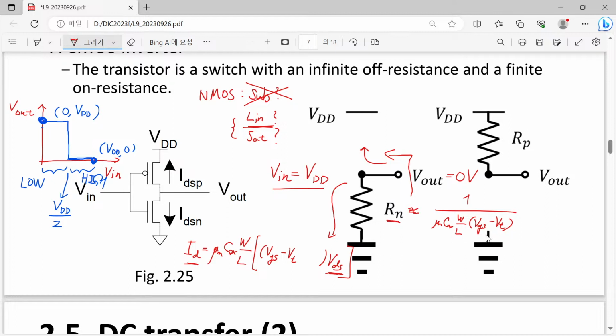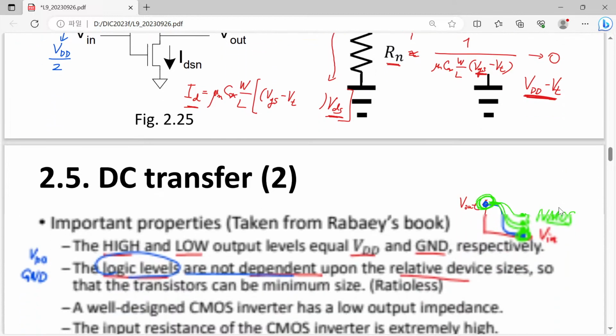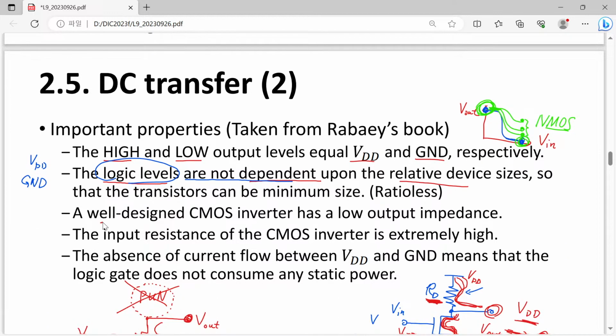And now in this case, what is VGS? VGS in this case is really VDD minus VT. This is quite a high value, so we will have quite a low Rn value. That's the reason why a well-designed CMOS inverter has a low output impedance.